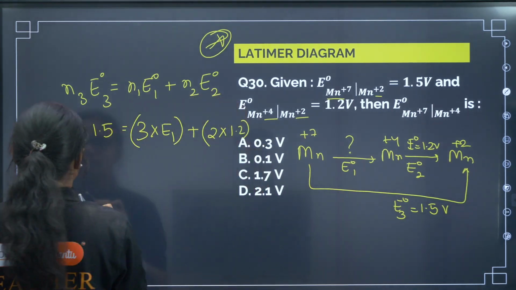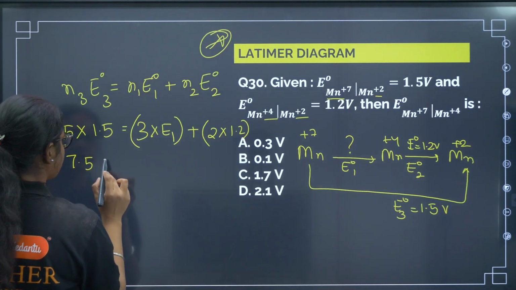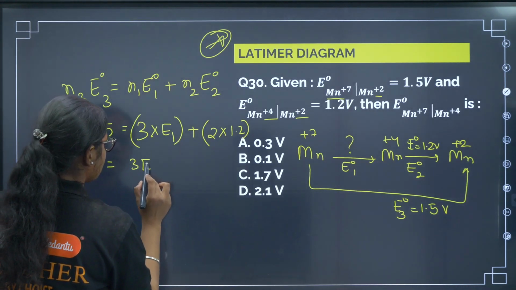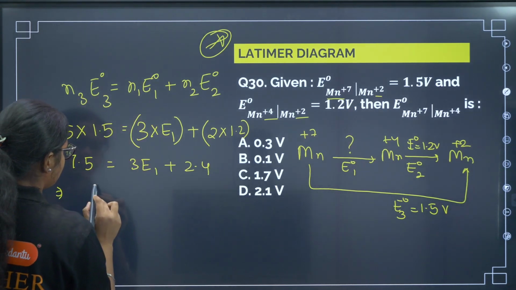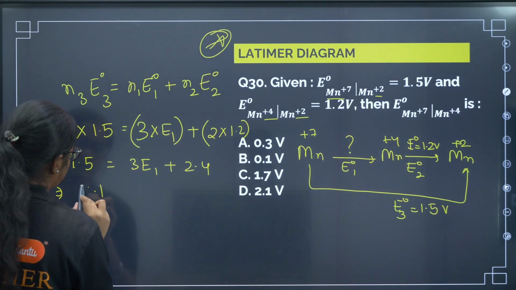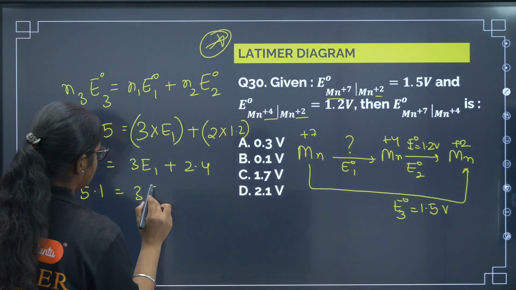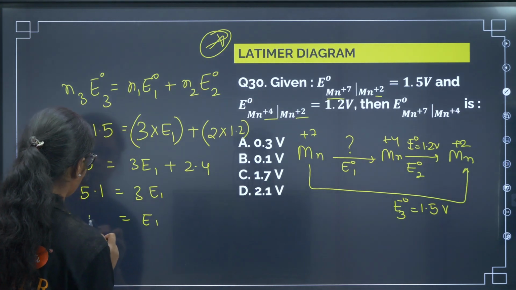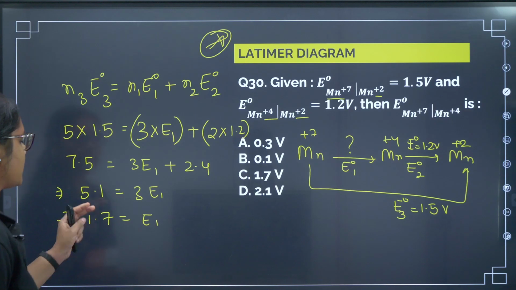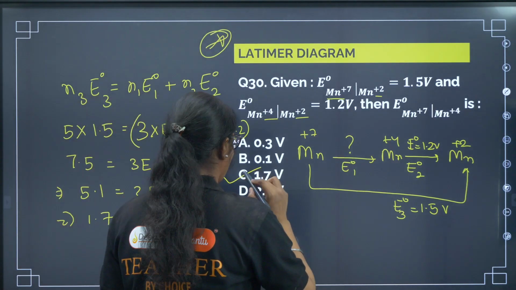We will get 7.5 equal to 3E1 plus 2.4. So 5.1 is equal to 3E1, and E1 will be equal to 1.7. The correct answer for this question will be option C.